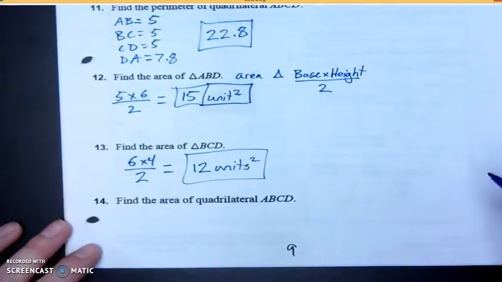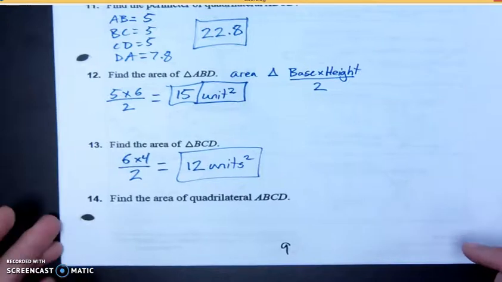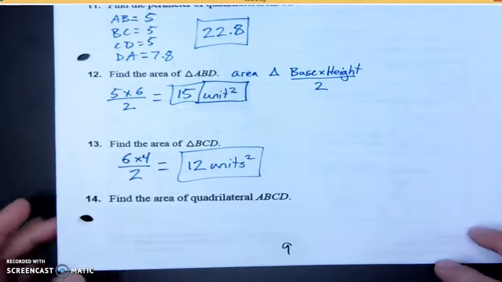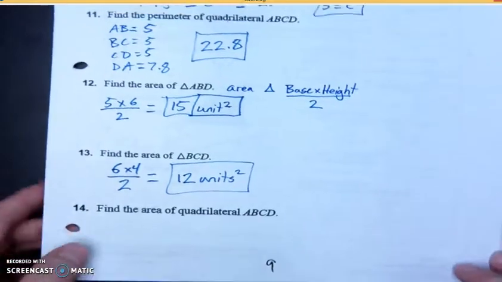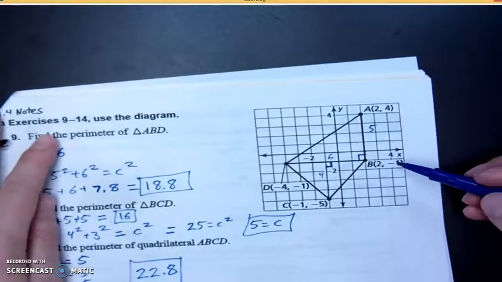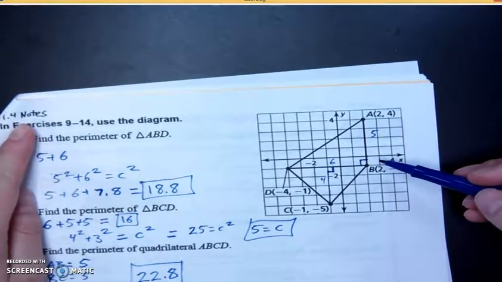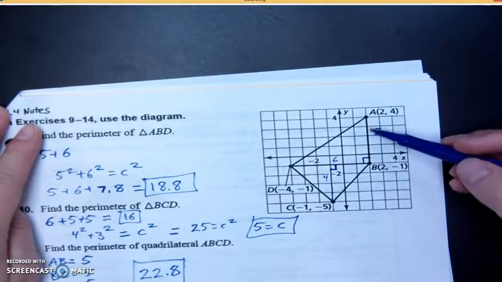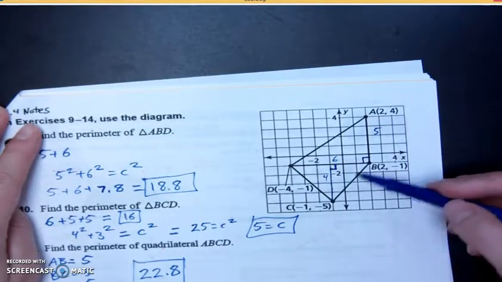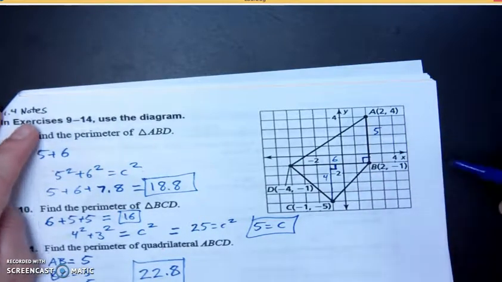So for a quadrilateral, if it's a square or a parallelogram, it's just base times height. If it's this, though, what would I consider the base of this figure? Yeah, that's kind of the problem. 5 is the base of this, 6 is the base of this. What would I consider the height of the whole figure?